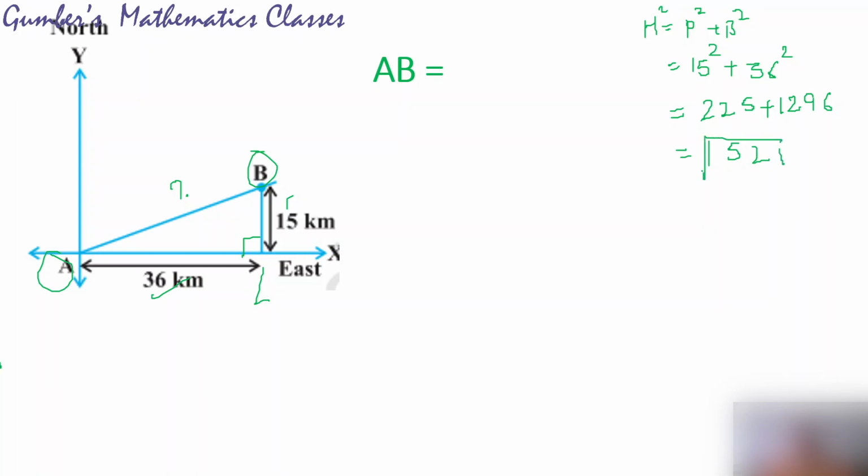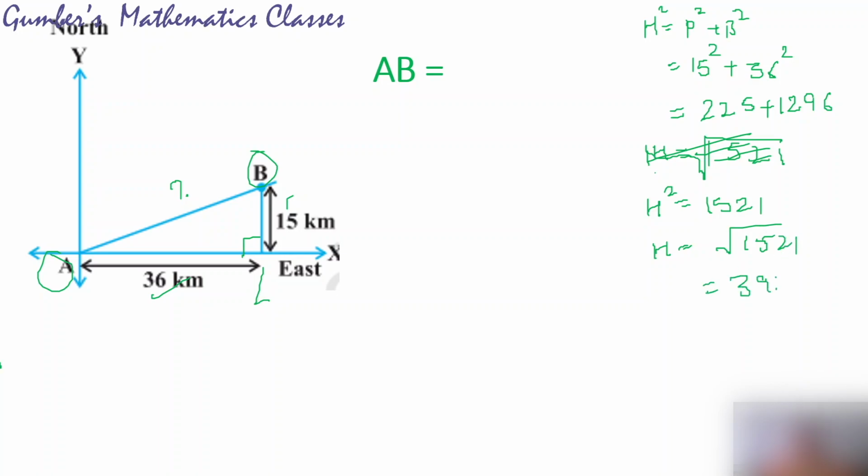To find the value of h, h square is equal to 1521, and h is equal to the under root of 1521, which is equal to 39.